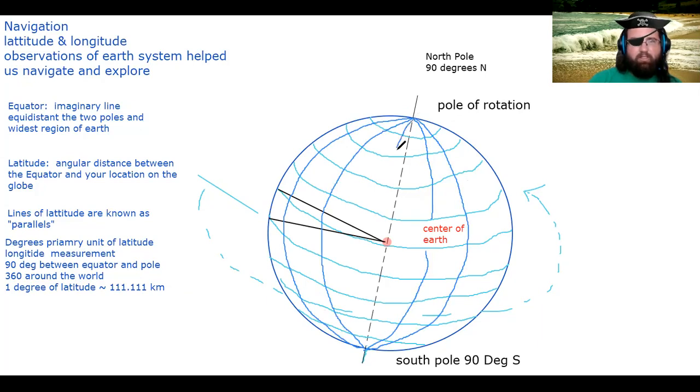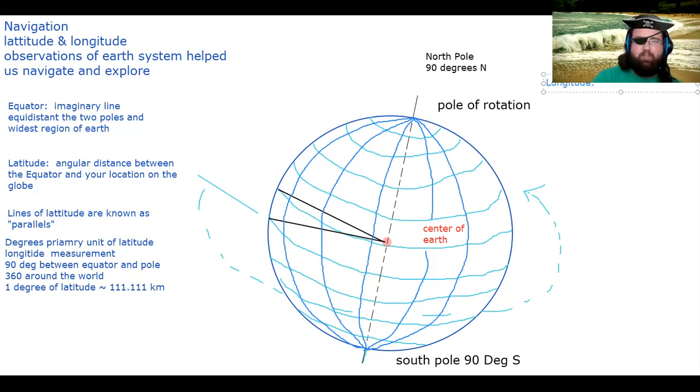Then we call these lines of longitude. Now, while you definitely have fixed points at the poles, you don't have any fixed point with respect to the east-west direction. So determining 0 in this system is a little bit more arbitrary.